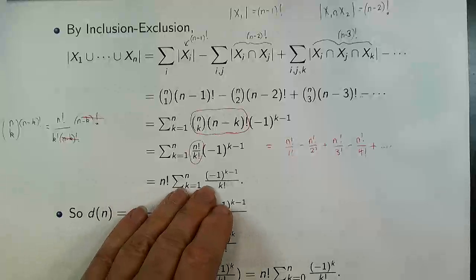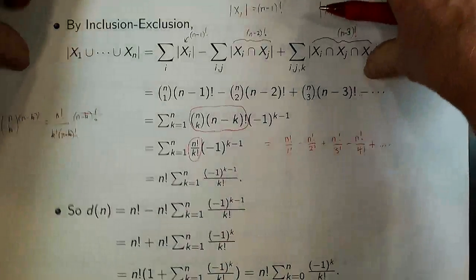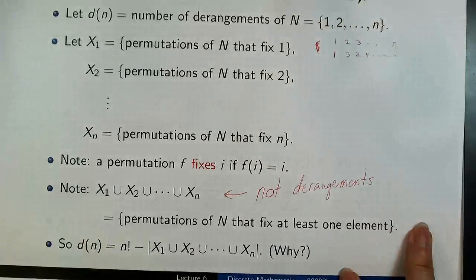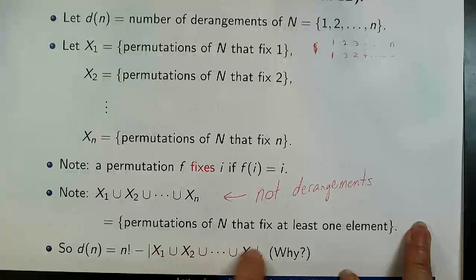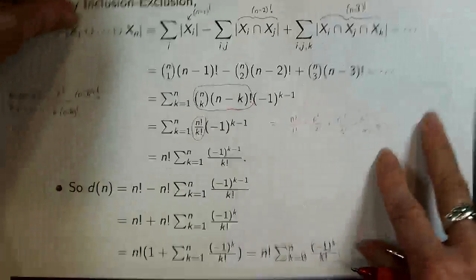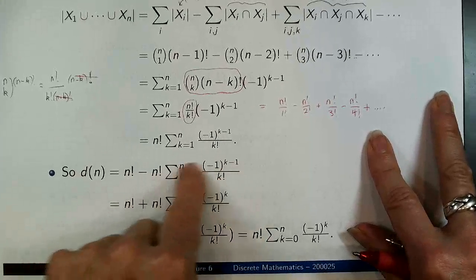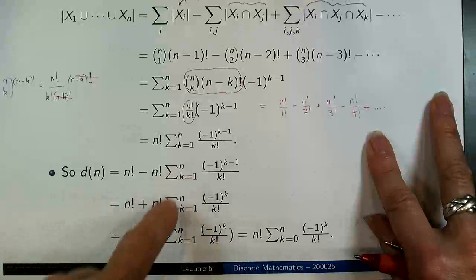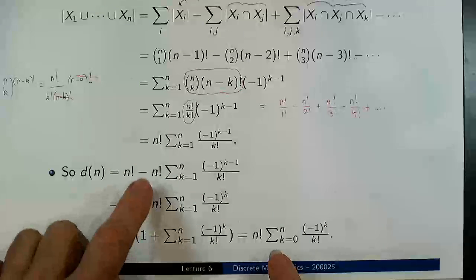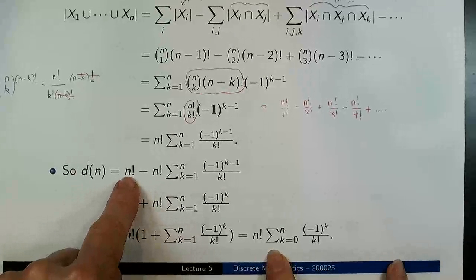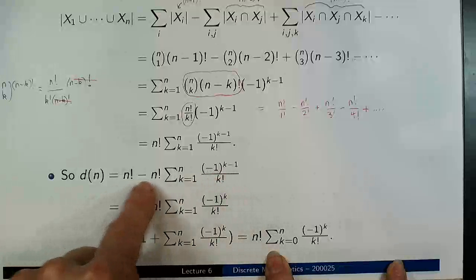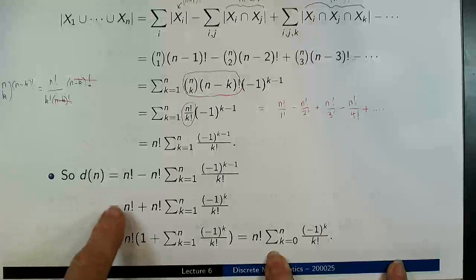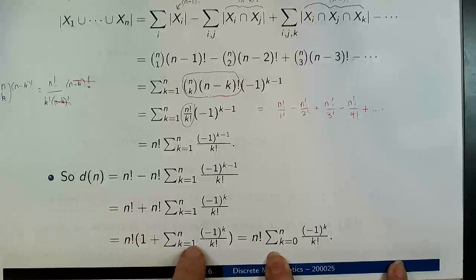It's n factorial minus that, because remember on the previous slide, the answer was n factorial minus this big union. So it's n factorial minus this big union, which you can write in a slightly nicer way, because actually n factorial fits this. You can take the n factorial out the front, and that 1 fits the pattern.